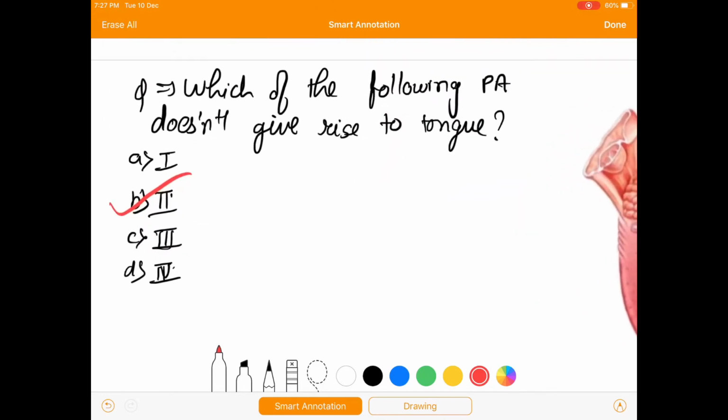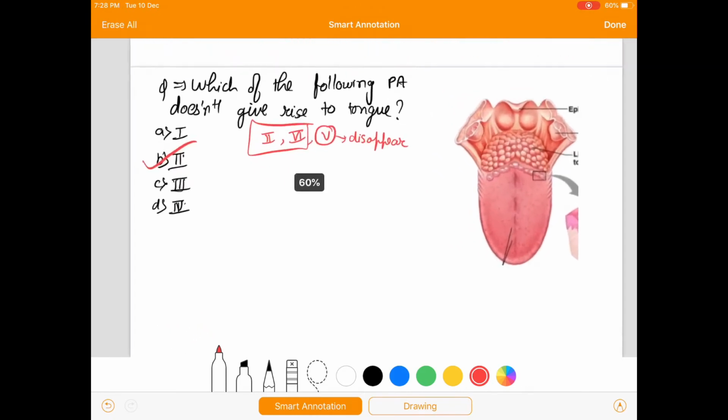The other arches not contributing to the tongue are the second, sixth and fifth. Why did I write fifth at the end? Because it disappears, so it does not form any structure. But these two are important, and these do not give rise to the tongue.